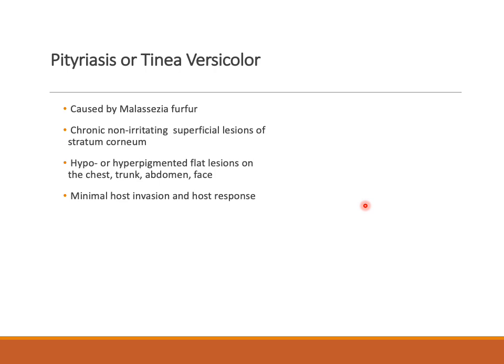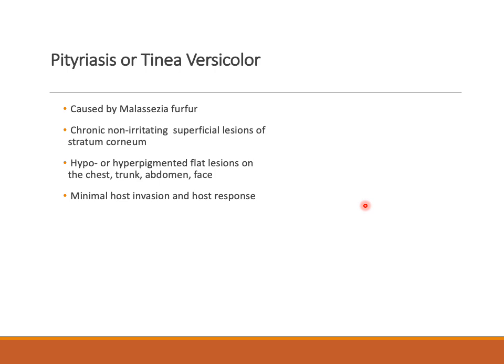This infection is described as a chronic, non-irritating, superficial lesion of the stratum corneum. As far as we are concerned, the color of our skin usually results in a hypopigmented lesion.